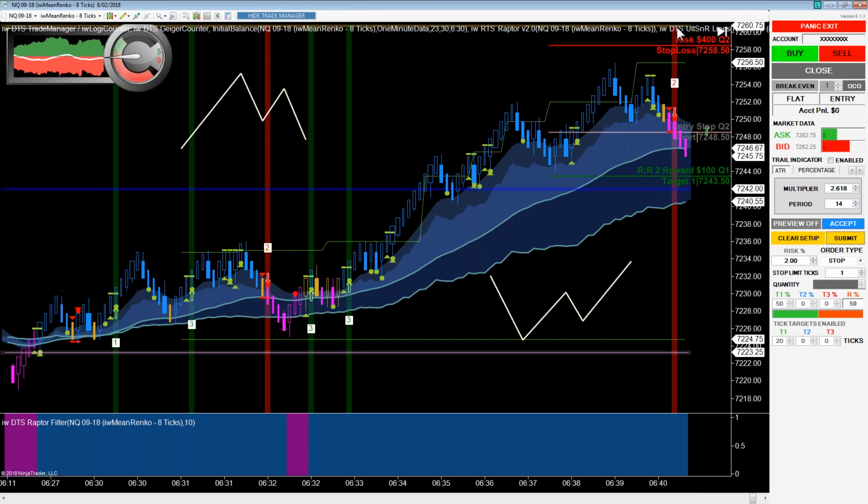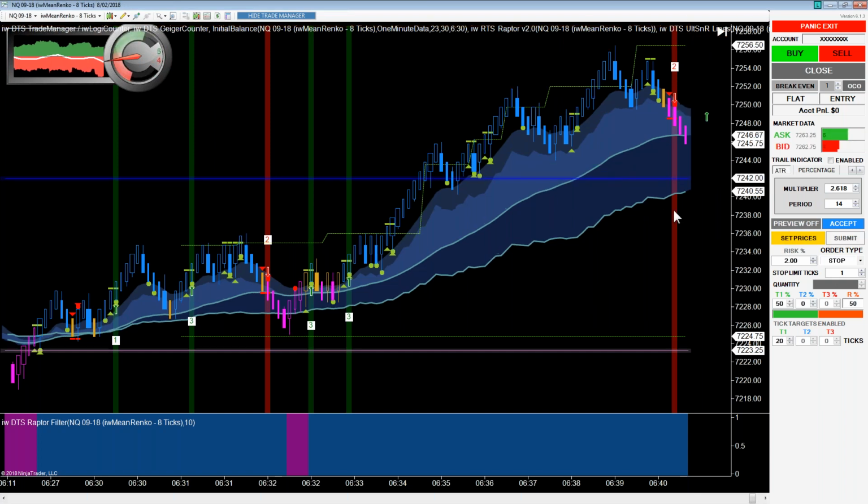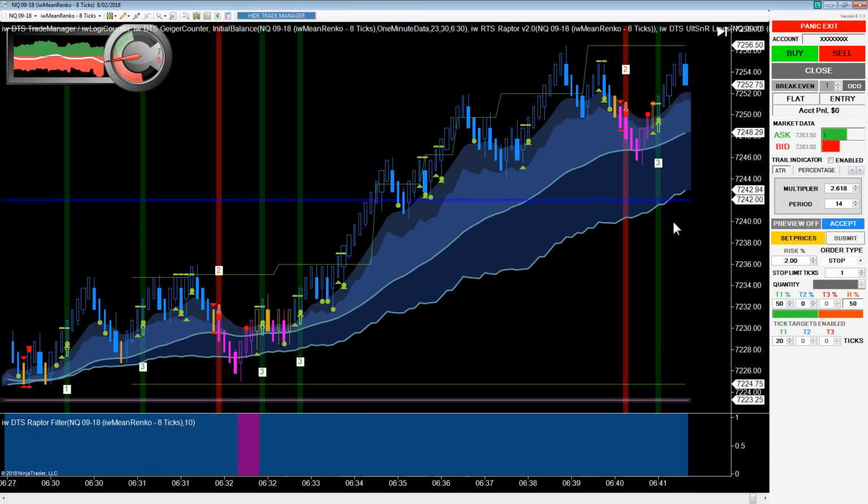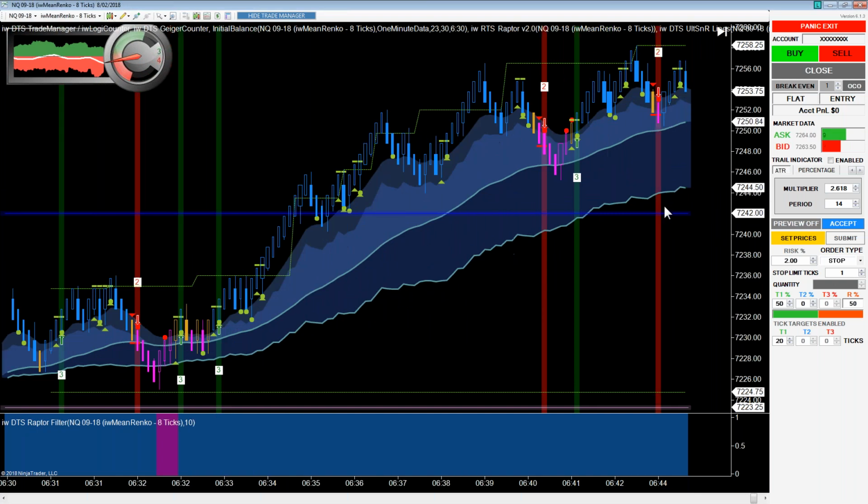I will tell you from experience that counter trend trades are a lower probability signal unless the conditions are just right. And very often we'll have greater success with a counter trend signal after what I call a 2-3-2 combination.